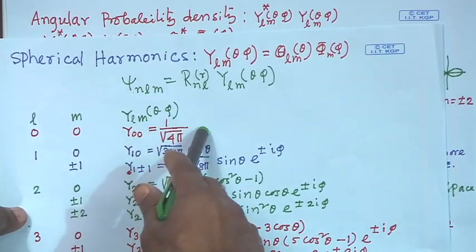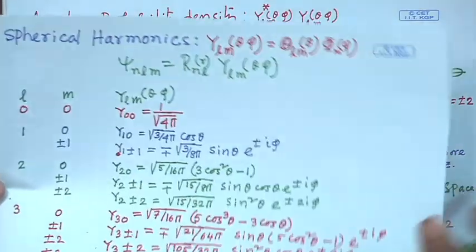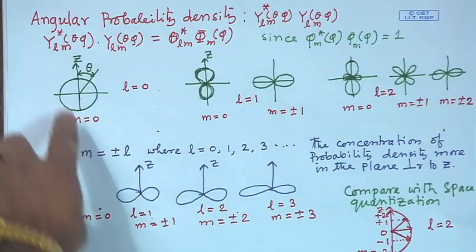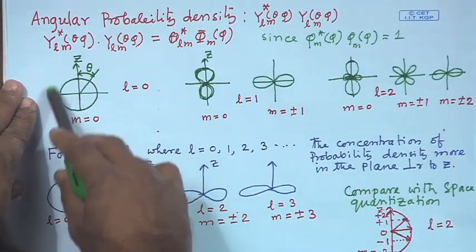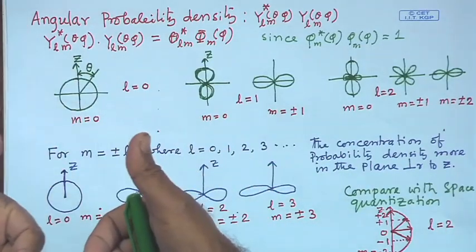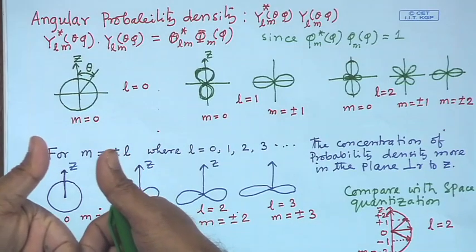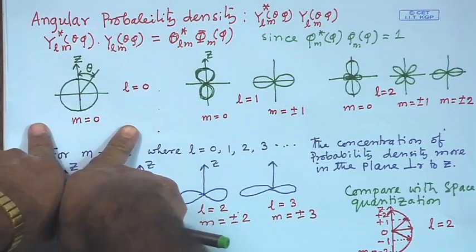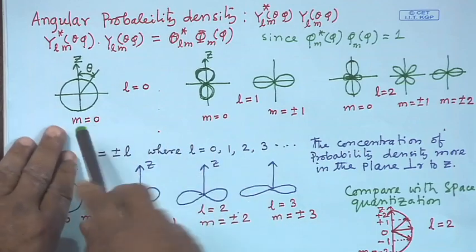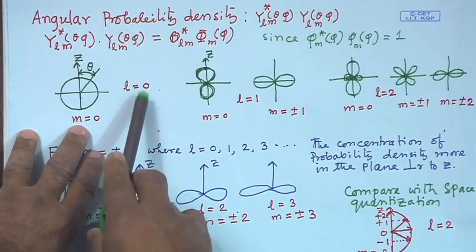It is constant, and constant means it will be a spherical distribution. If you rotate it by 360 degrees, it will basically be a sphere. So this is for M equal to 0, L equal to 0.